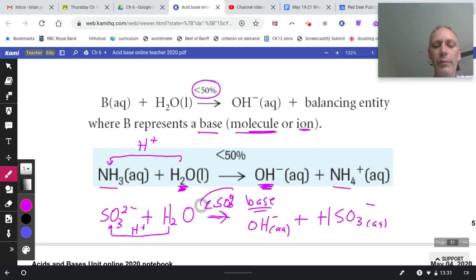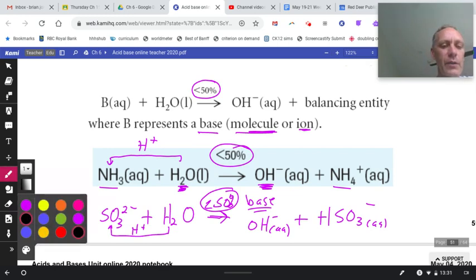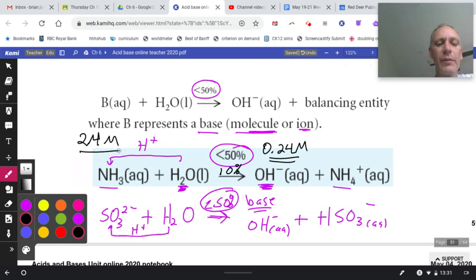So we did these reactions yesterday. We just didn't worry about percentage. So less than 50%. So again, if we started with 2.4 mole per liter, you're going to get way less than that. Ammonia, I can't remember off the top of my head. Let's say it's 10% reaction. It's not, but we'll just use that number. So you get 0.24 mole per liter, significantly less than what we started with, our 2.4.